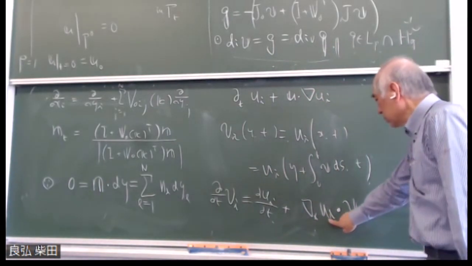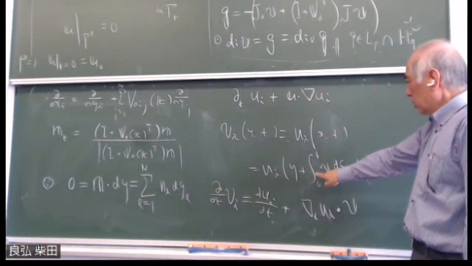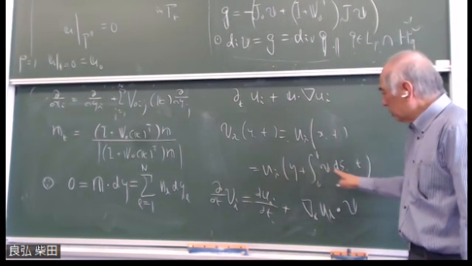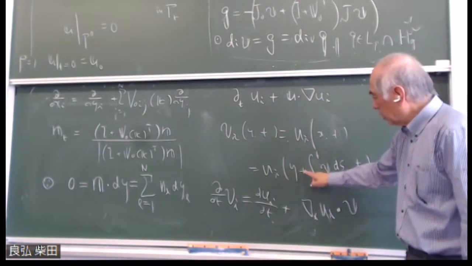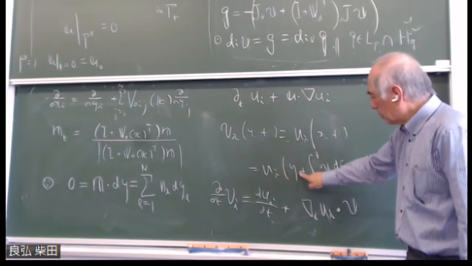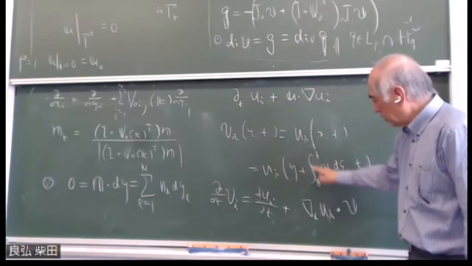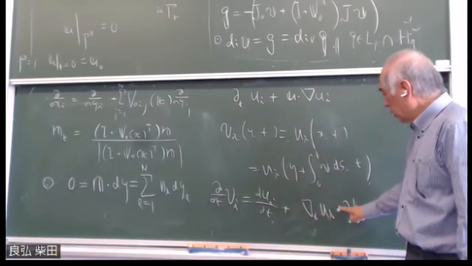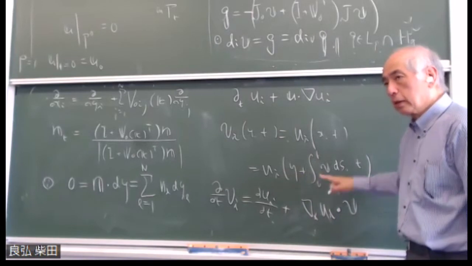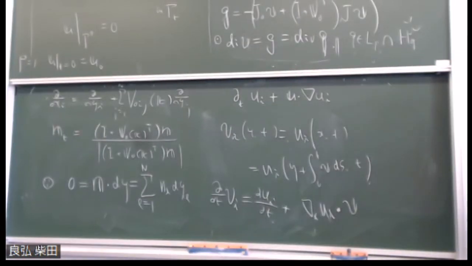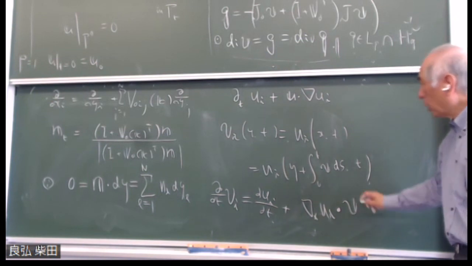Just the change. So you differentiate in t here. First you differentiate ui with respect to x and multiply by this one, and then you have this one.